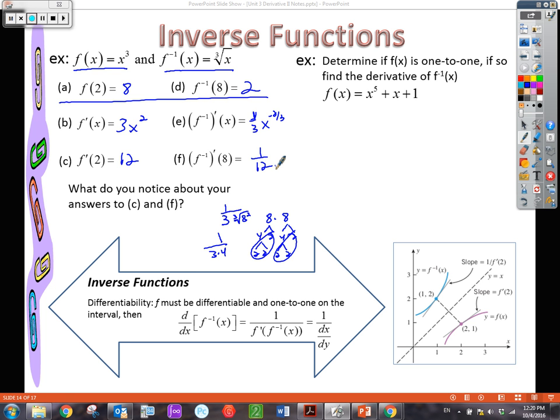And look at the situation that we have with the values of the derivatives. The values of the inverse derivatives are actually reciprocals of each other, which is kind of a strange thing, since we say over and over again that inverses aren't reciprocals, right? We switch the x and the y. Actually, their derivative values are reciprocals at these spots right here.